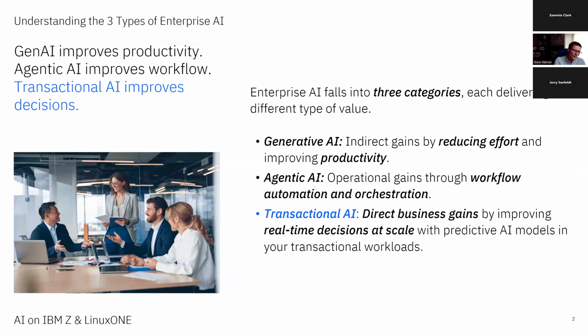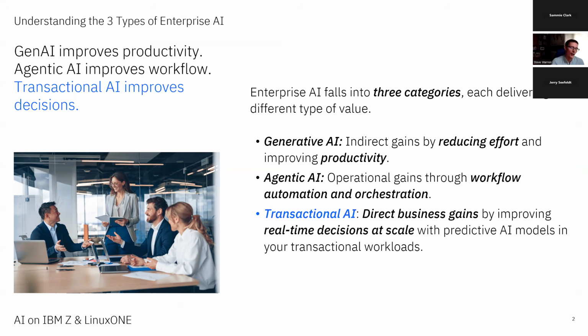So let's first talk about the three different types of enterprise AI before we talk about AI on Z. We hear lots of things about many flavors of AI. There are the buzzwords of the day, and there's also real value in some of those buzzwords, right?